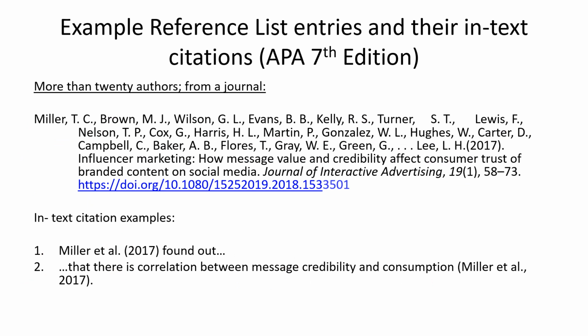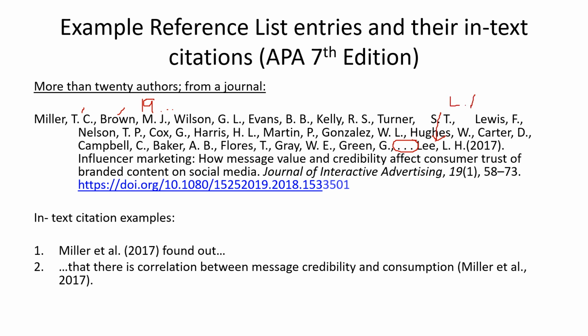In case you found an article from an online journal and it can help you back your thesis, this is how you cite that journal article if it was written by more than 20 authors. So first you indicate the surnames and the initials of the first 19 authors, followed by ellipsis, and then you write down the surname and the initials of the last author.